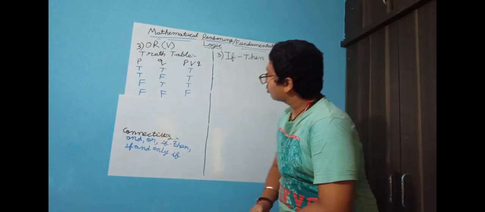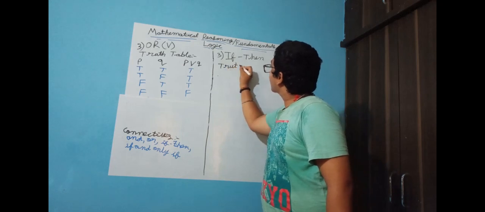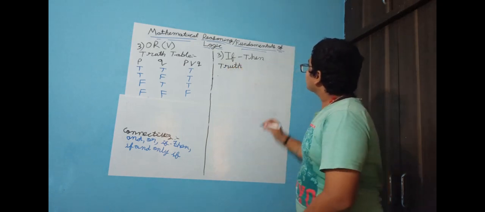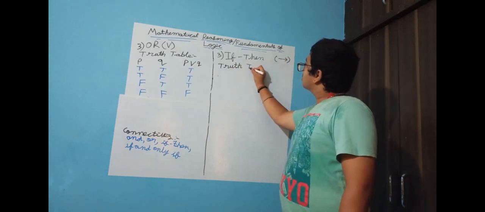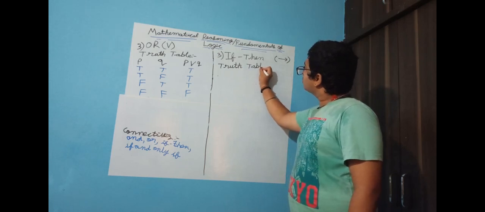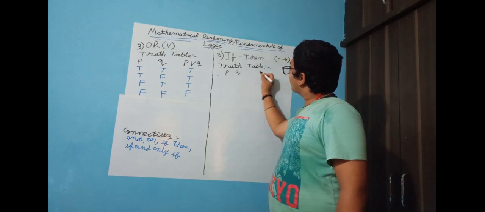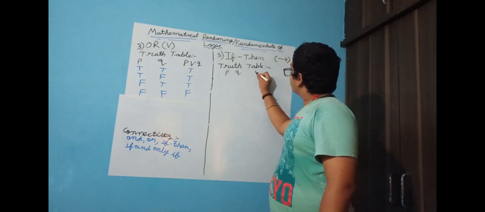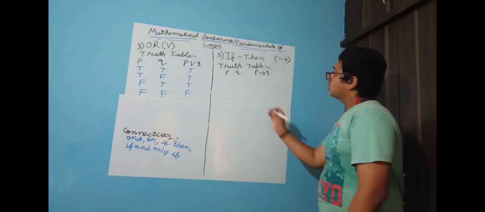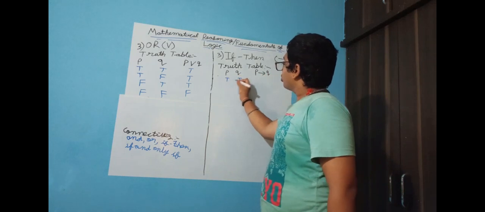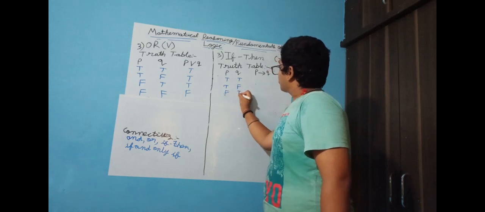And let me do the truth table for this. The representation of that is we use this symbol, a right arrow. Truth table: same, we use only two statements, so we write P, Q, P implies Q. These will be the same: true, true, true, false, false, true, false, false.